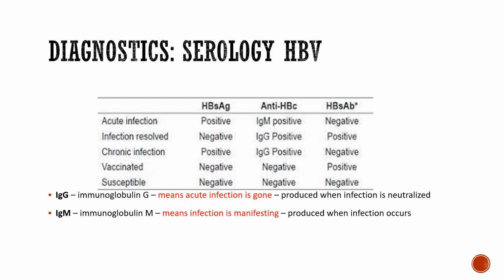The presence of immunoglobulin M means the virus is on the move in the body. The presence of an anti-HBc IgG means the infection is gone. G means gone.